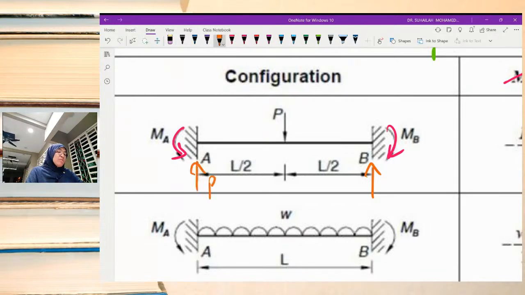This is P over 2, this is P over 2, so that with this P, we get minus P over 2, minus P over 2, we get 0. Okay, so that is the formula.